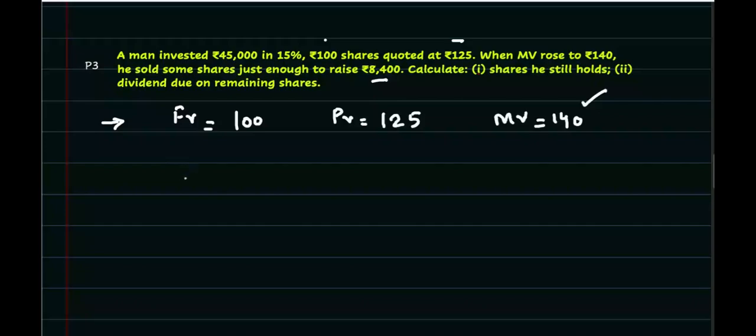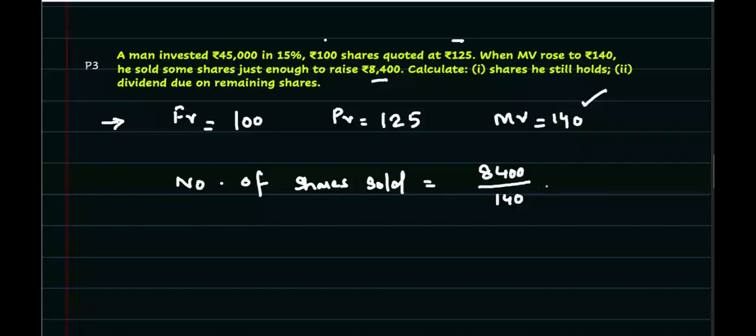Number of shares sold to raise 8,400 will be 8,400 divided by 140. That is 60. So he sold 60 shares.